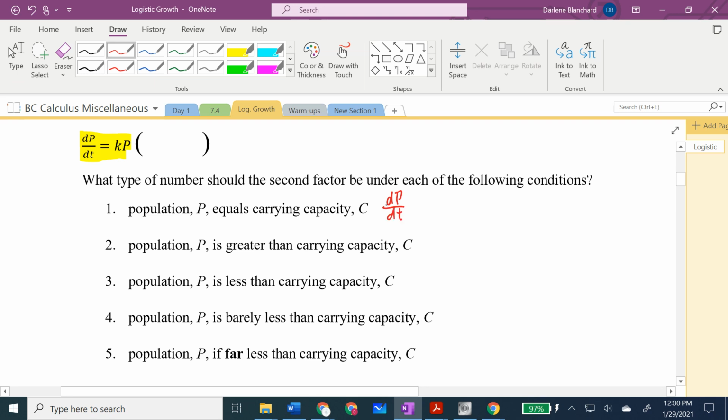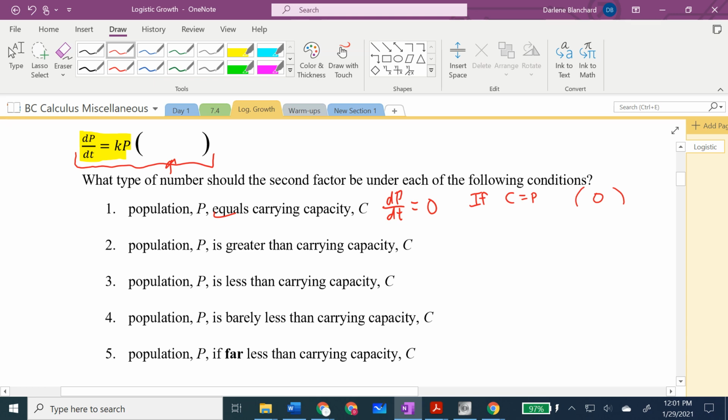If your population equals carrying capacity, your growth rate is 0. The only way to make this expression 0 is for my second factor to be 0. So if population is carrying capacity, then that second factor needs to be 0.